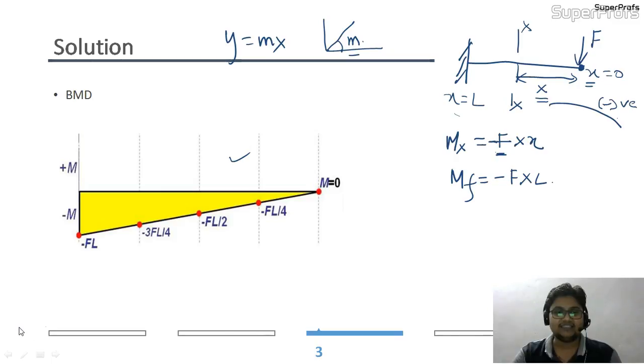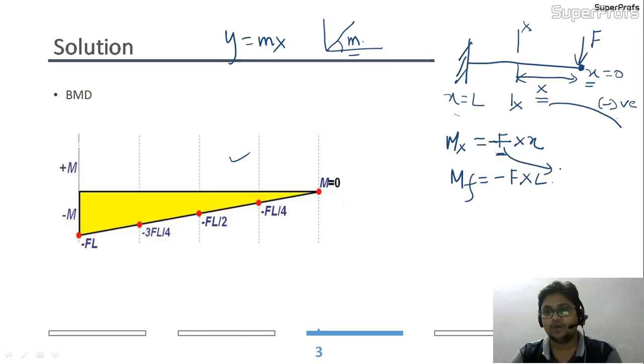And as you saw earlier, the shear force remains constant throughout this beam. Again, we can make a very important conclusion here itself, that the slope of the bending moment diagram will give me the force.